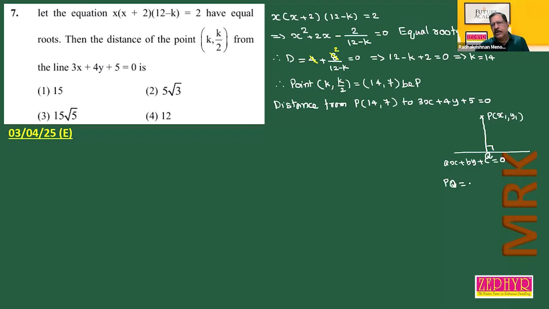The formula is modulus numerator ax1 plus by1 plus c, the whole divided by root of a squared plus b squared. This is a formula which you are studying in linear equations, equation of a straight line. Okay.